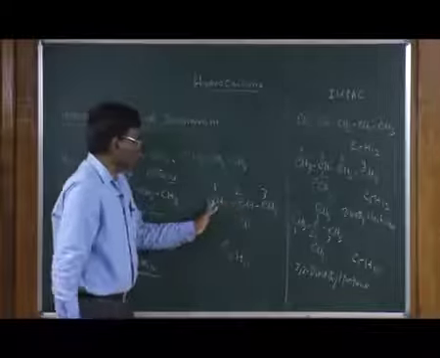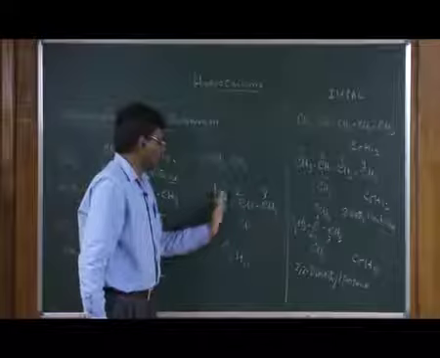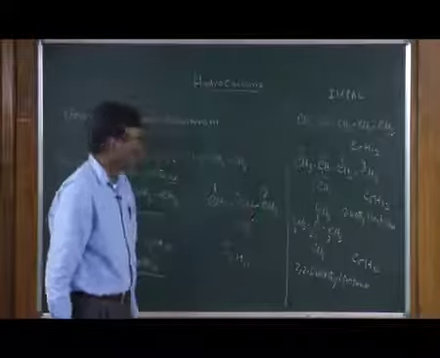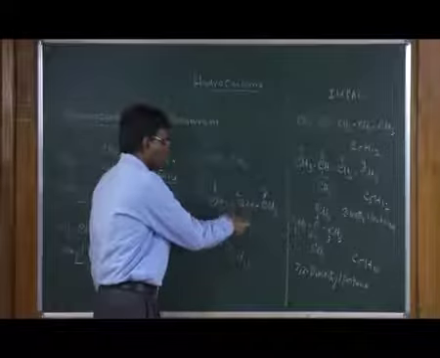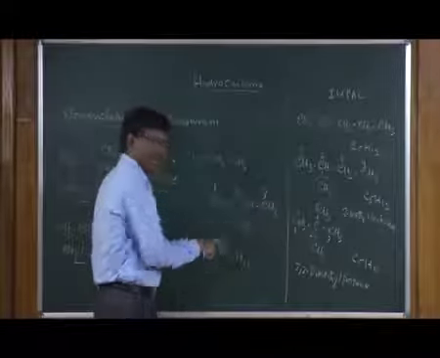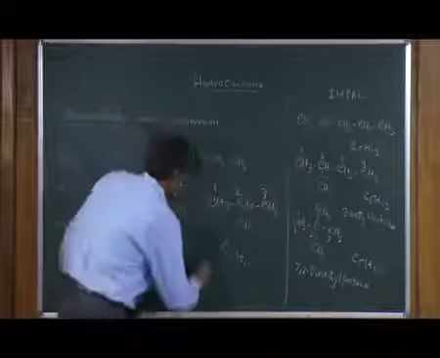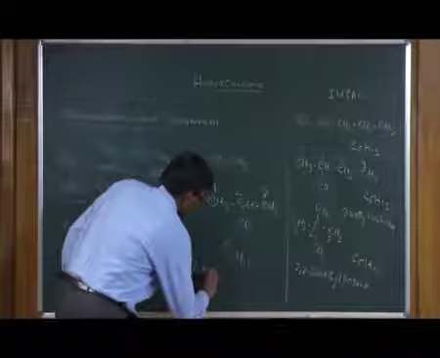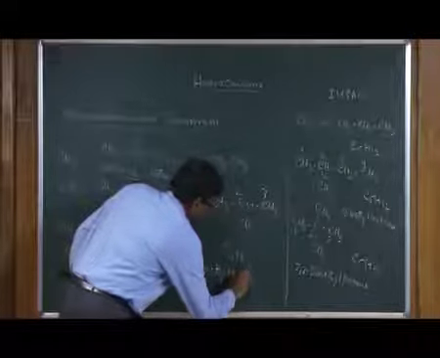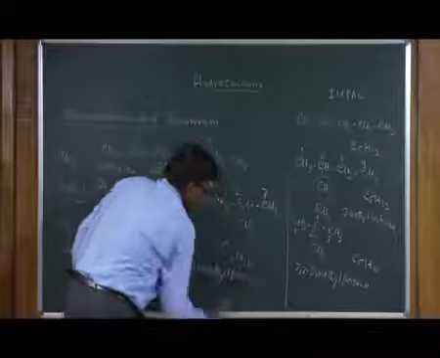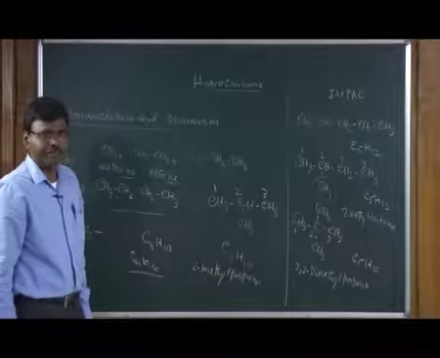Here also no problem, you can start numbering either way, you have 3 carbon atoms. Now find the position of the substitution, which is present on the second carbon atom. So you have to write 2-methyl propane.